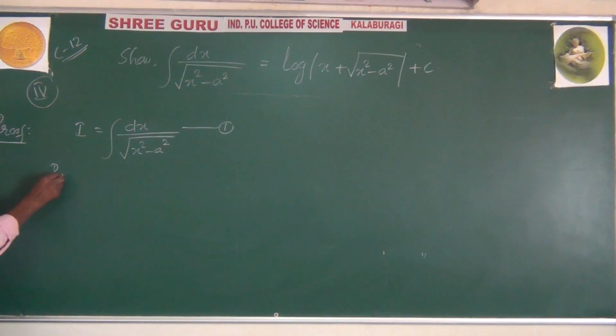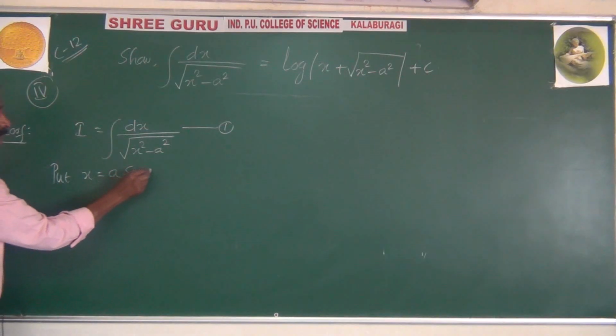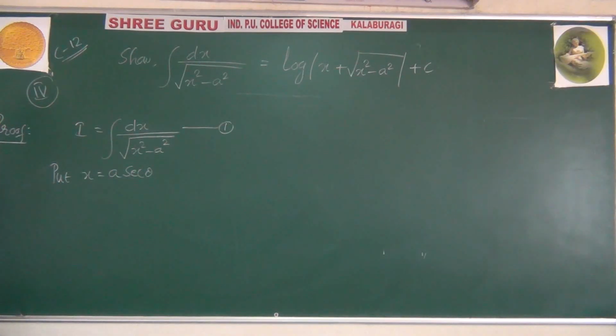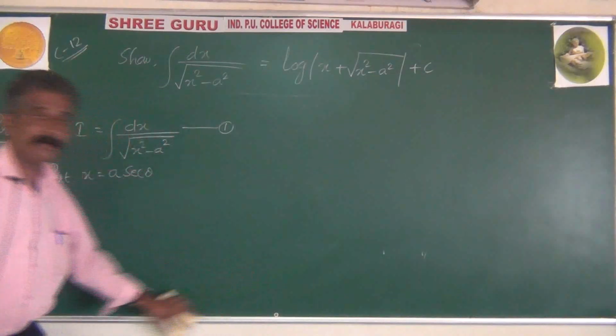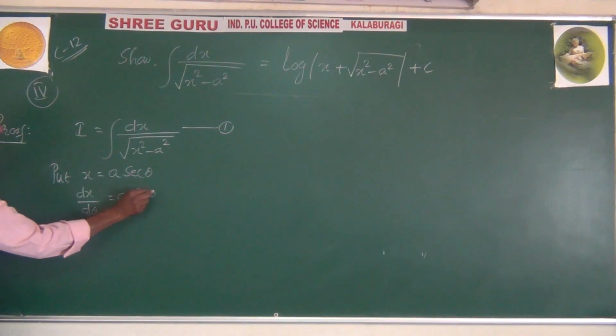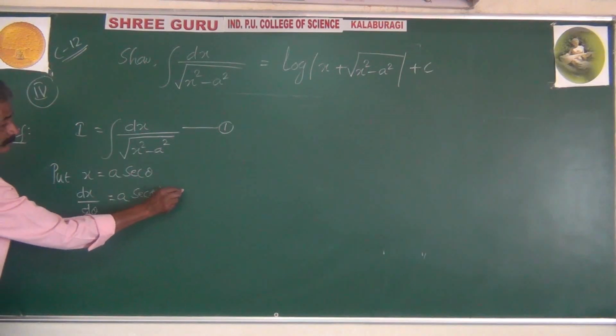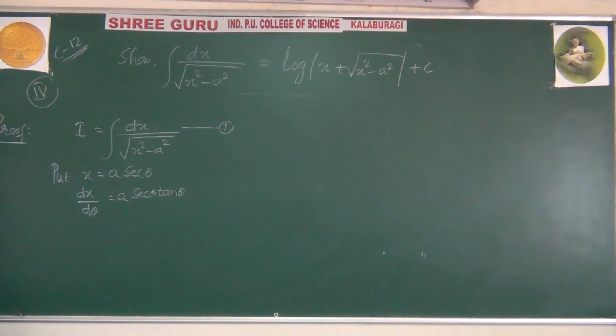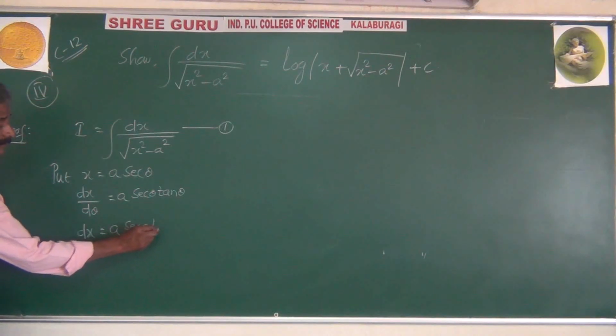Put x equal to a sec theta. After this, differentiate: dx by d theta equals a into the differentiation of secant theta, which is secant theta into tan theta. From this, dx equals a secant theta into tan theta d theta.